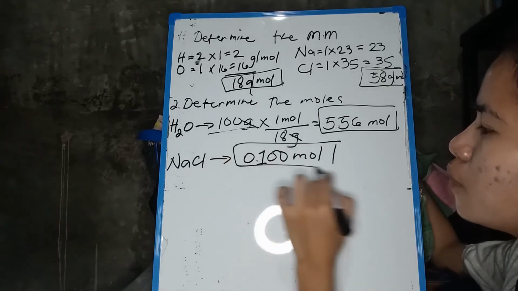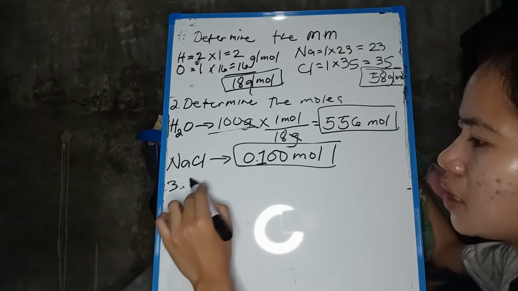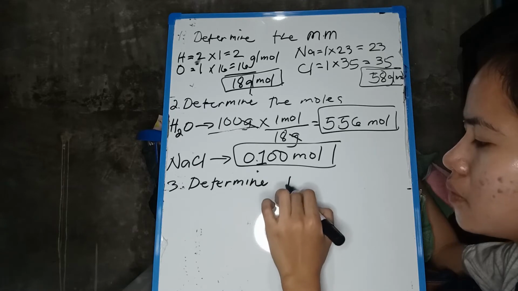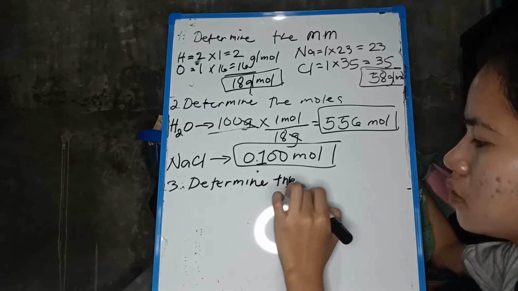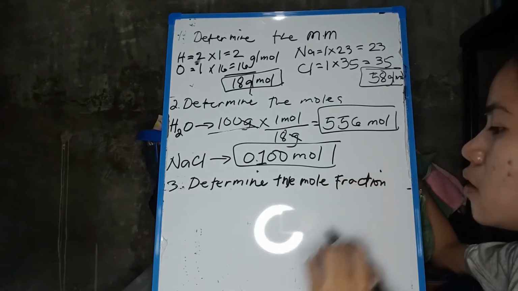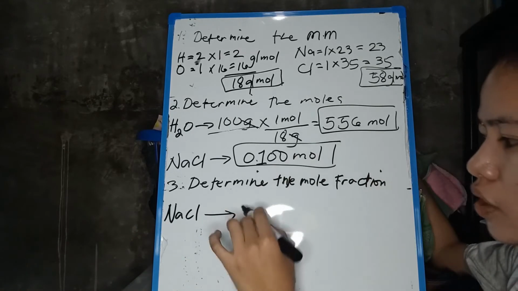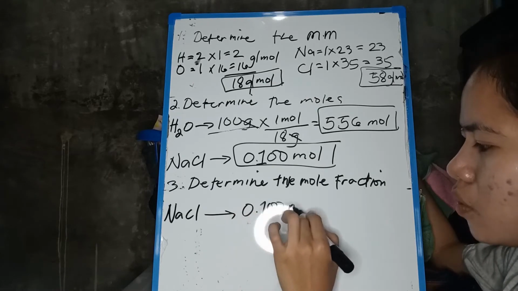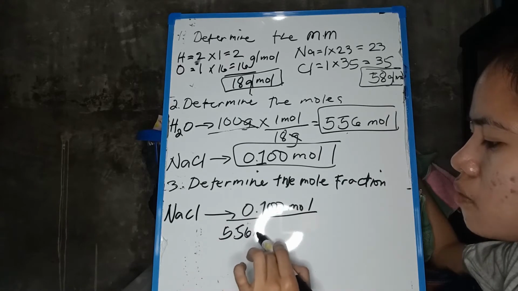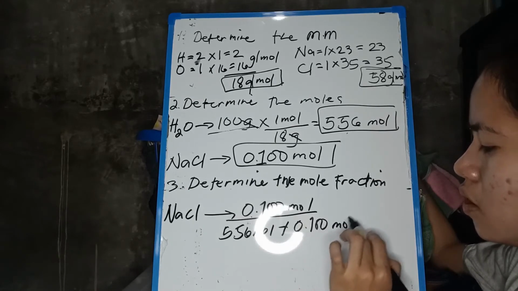So, we can now solve for our mole fraction. So, since ang ginapangita diri is the mole fraction lang of the sodium chloride. So, NaCl, 0.100 mole over 5.56 mole plus 0.100 mole.